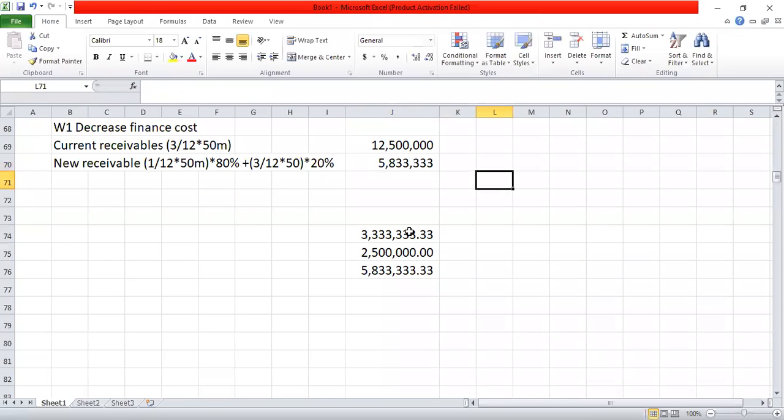I get 35,833,333. So that's going to be the new receivable if the discount is introduced.